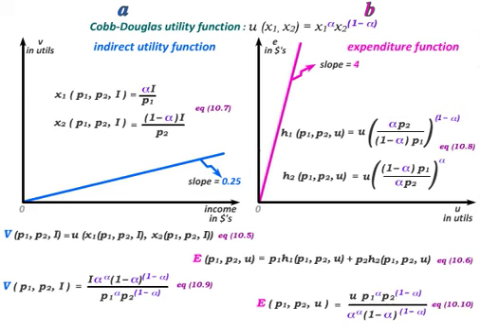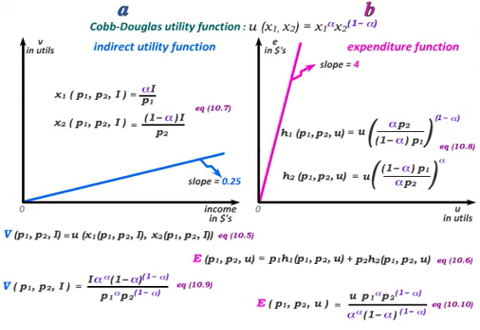If you're given the indirect utility function, solve for I and replace V with U, and you get the expenditure function. If you're given the expenditure function, solve for U and replace E with I, and you get the indirect utility function.